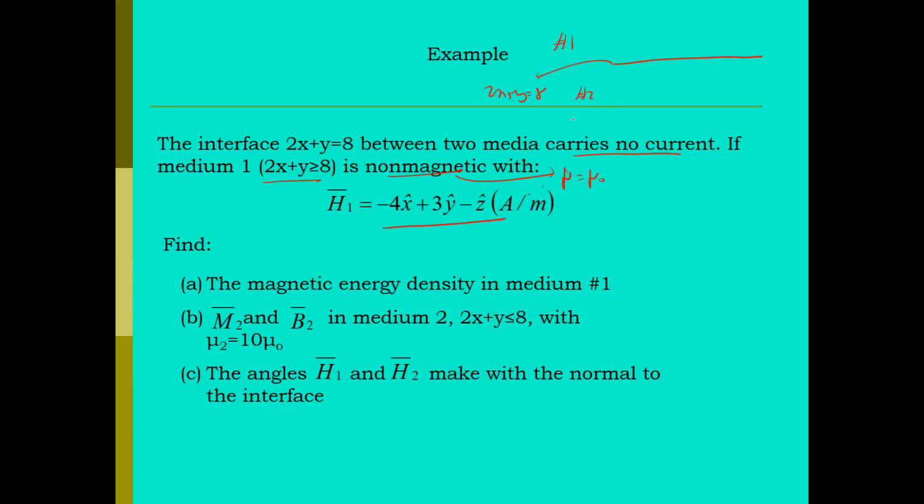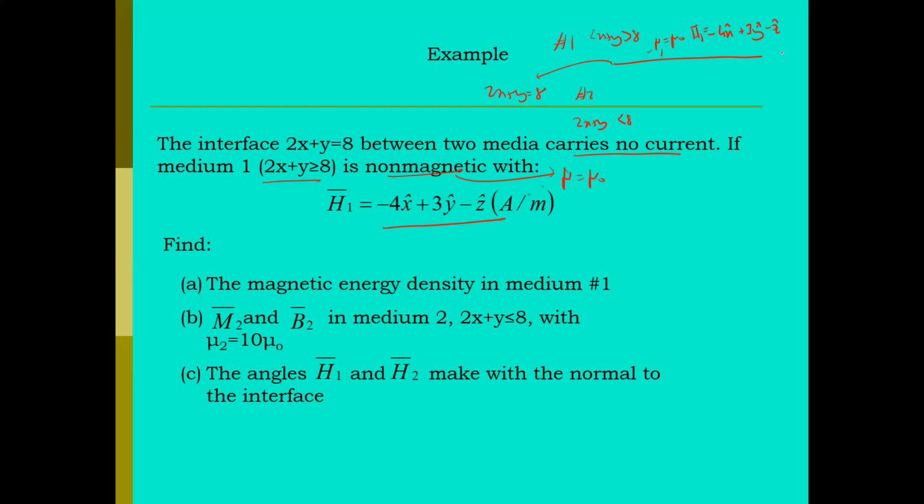For the first region, we are given that this is a non-magnetic material, so mu equals mu naught, and H1 is given by -4 x plus 3 y minus z. So this is the H field intensity in medium number 1.